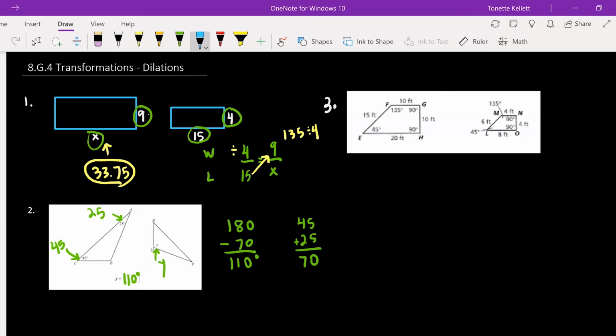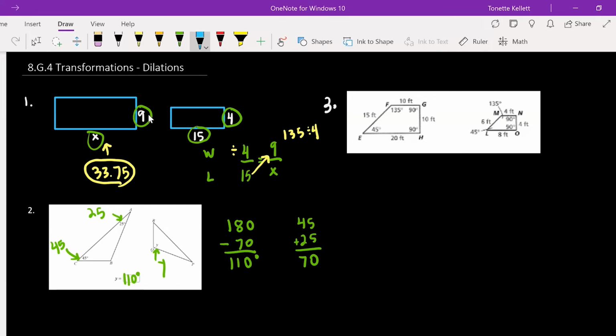Number 3. It wants to know, are these similar figures? In order to find out if they're similar figures, we'll use scale factor. Scale factor is matching the sides in the form of a fraction. In similar figures, all sides equal the scale factor.